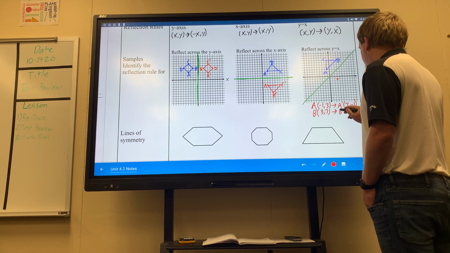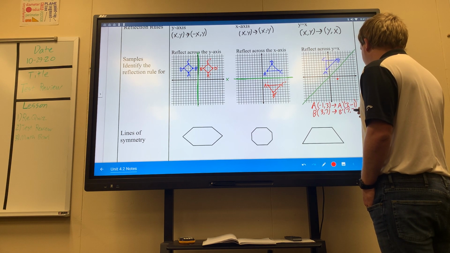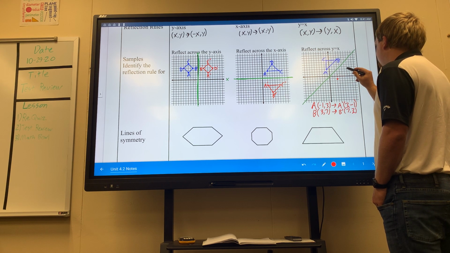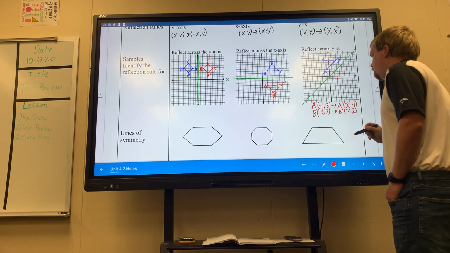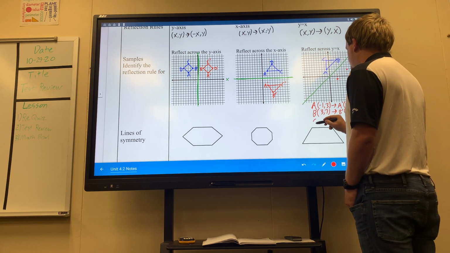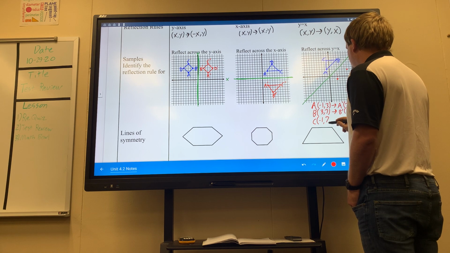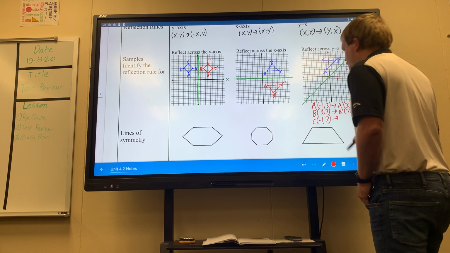That means I'm making it 7, 3. 1, 2, 3, 4, 5, 6, 7. 1, 2, 3. And then point C is -1, 7.